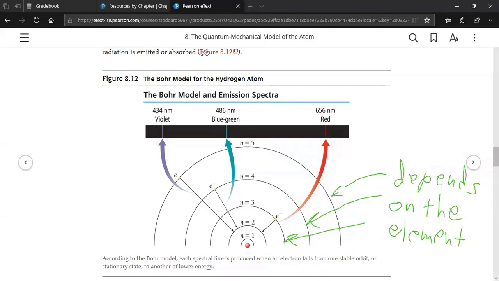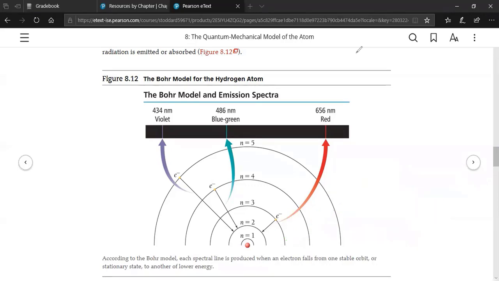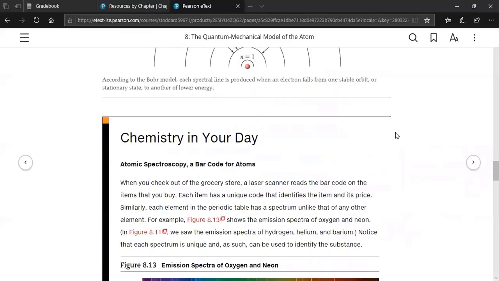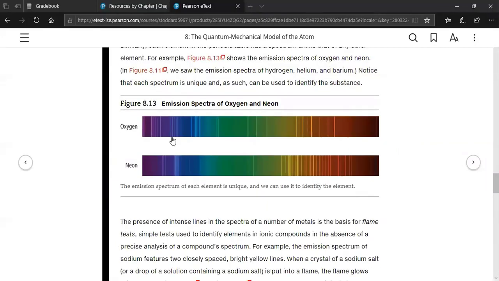So you might have some elements where these levels are closer together, and so you get smaller, lower energy transitions, and you can get a lot more lines as well if they're closer together. That gives you the different line spectrum, like we saw before in that previous picture. Like this one, this is oxygen.